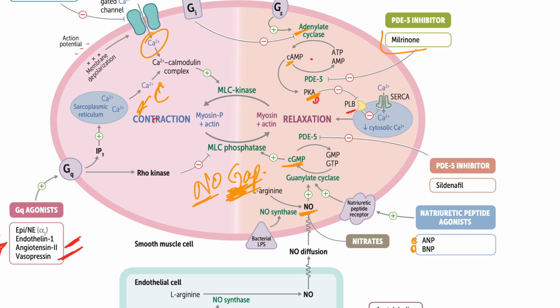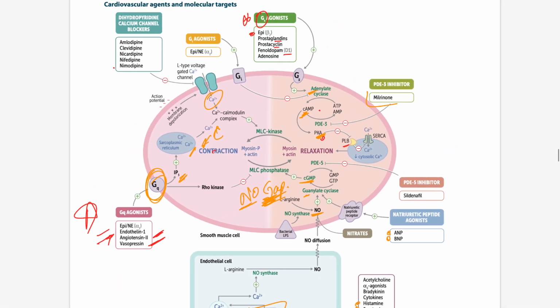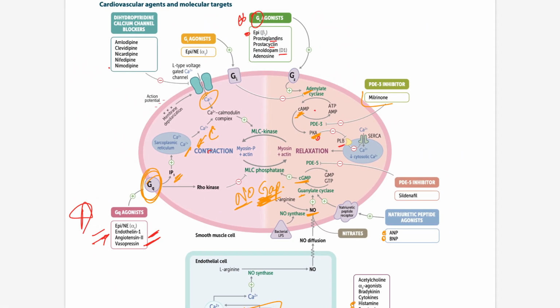That's important actually. So with nitric oxide it is cyclic GMP, guanylate cyclase, and all that. With adenylate cyclase it is cyclic AMP and PKA. And with Gq, it's all about IP3, calcium, and all that. And that is all for this picture. Let's move on to the next one now.